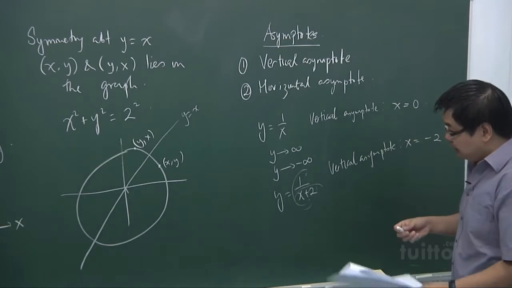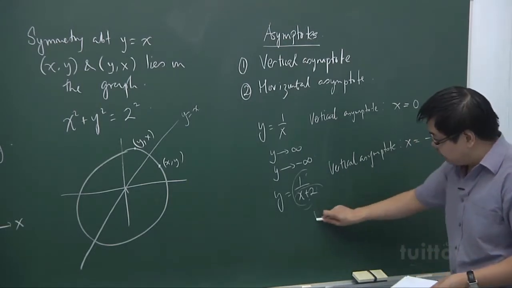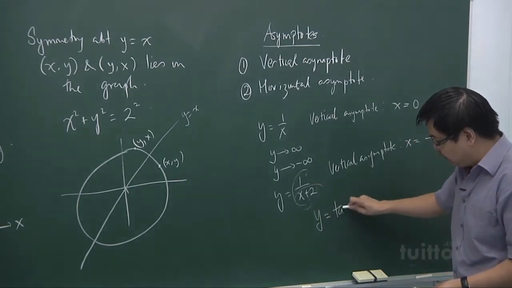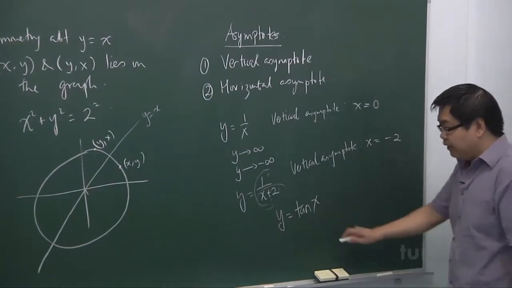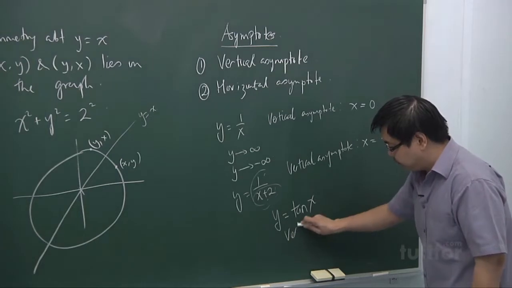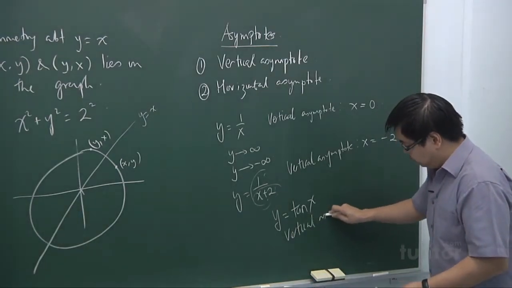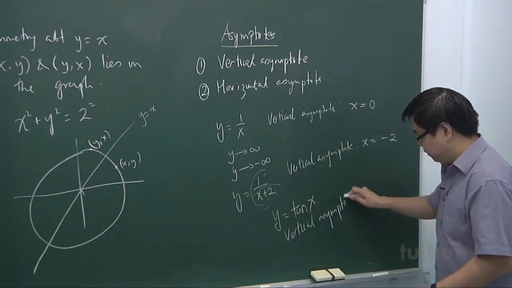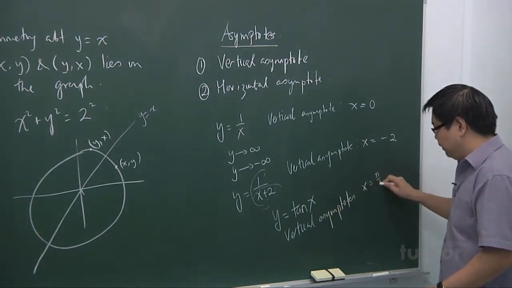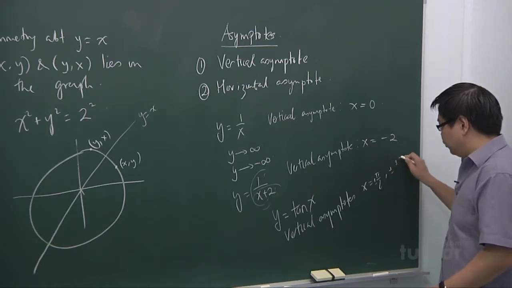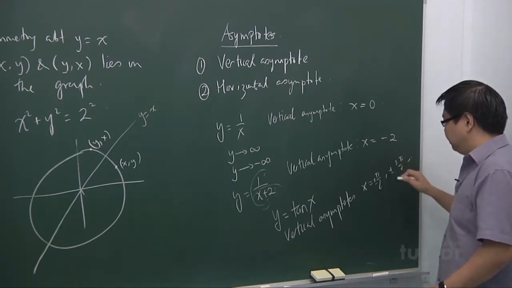Okay? Now, coming to another vertical asymptote that is quite famous, it is the y equals tangent x graph. In a y equals tangent x graph, the vertical asymptotes are x equals pi over 2, plus or minus 3 pi over 2, and so on and so forth. Okay?